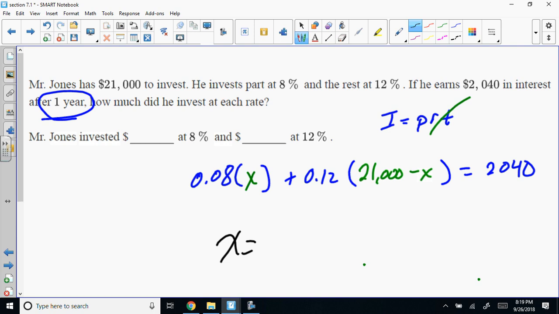How about 12,000? Did you get 12,000? Yeah. So the 8% account got 12,000, while the 12% got what? 9? And that's math. 12 and 9 make 21. Yes. Thank you.